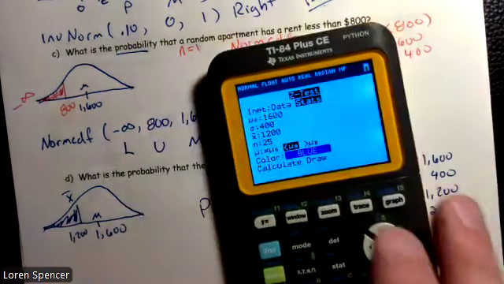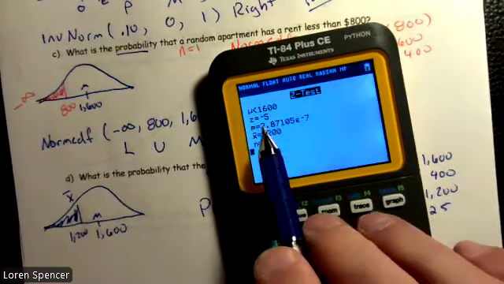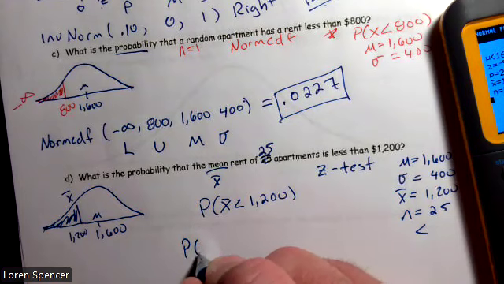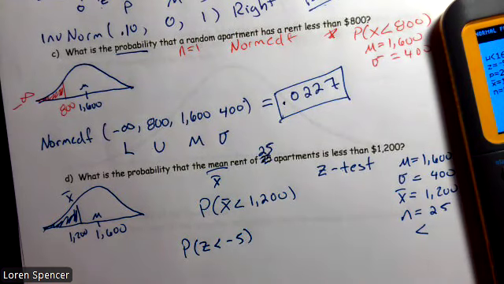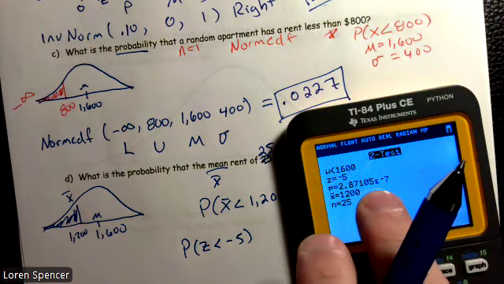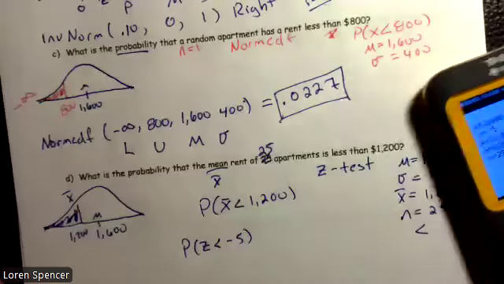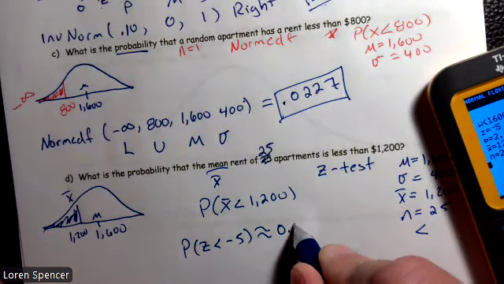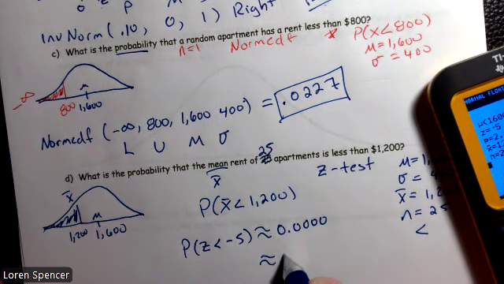So let's see what happens when we do that. And we get the probability that Z is less than -5. When you have that, if that number is a 5 or more, you can put approximately 0. So 0.000, approximately 0.